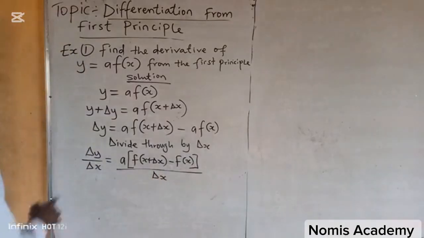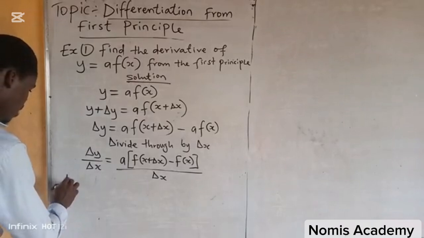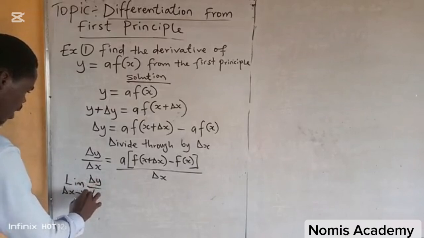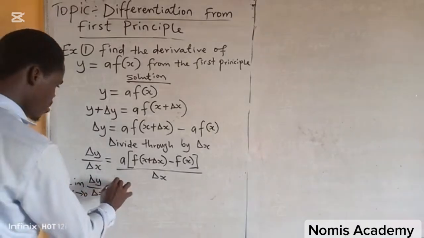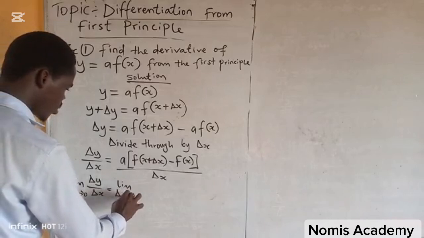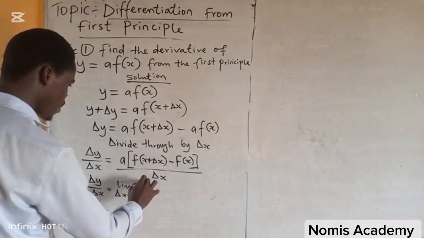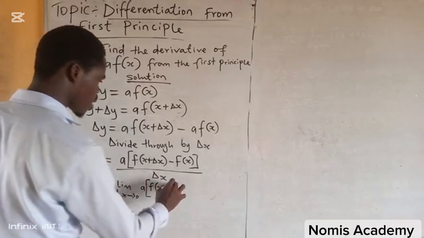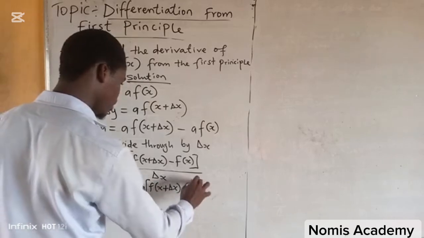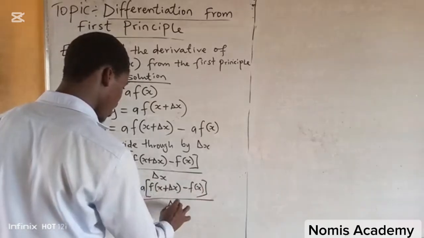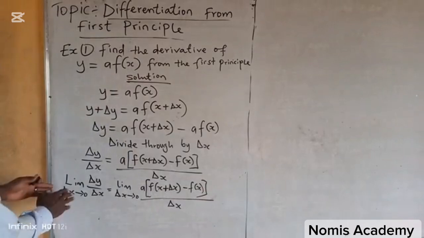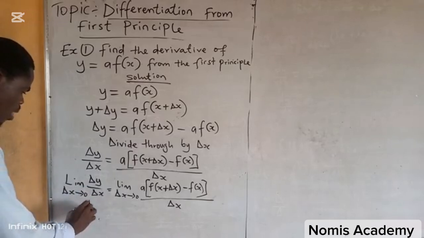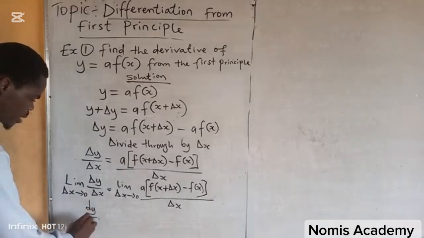When we take the limit as delta x tends to 0, remember that the limit as delta x tends to 0 of delta y over delta x will give us dy over dx.